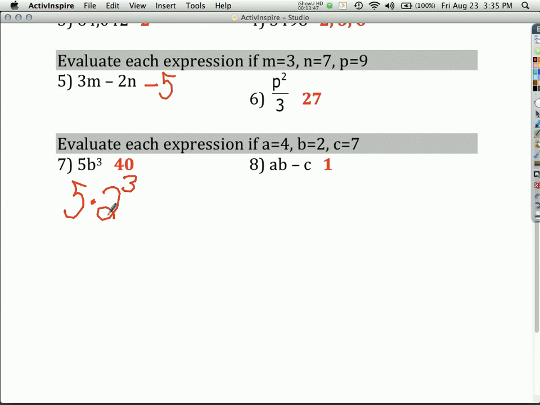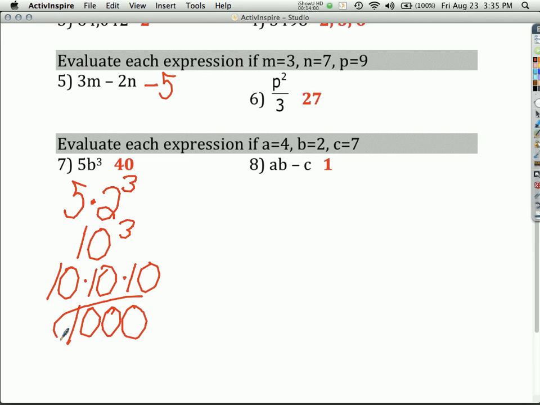Plug that in. Don't put your thumb up unless you know the mistake. Good. Put your thumbs down.